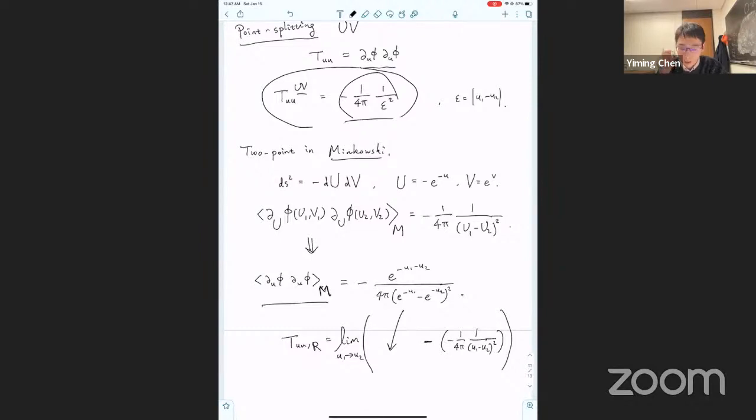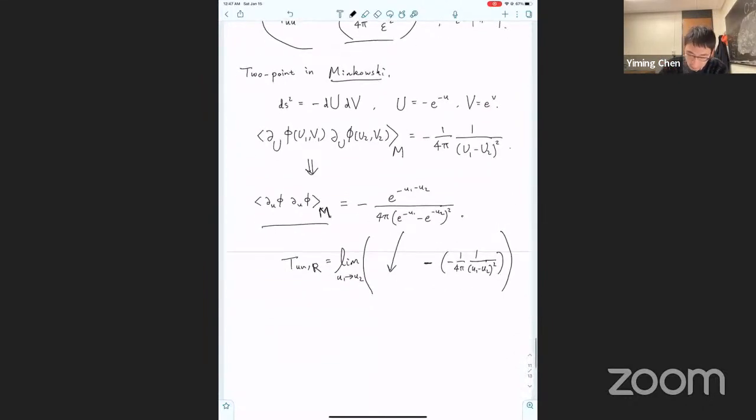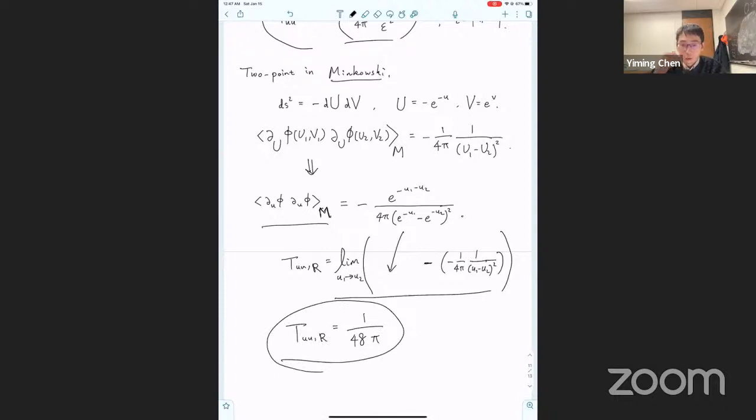Maybe you're asking that here I'm getting a non-zero answer. Let me first write down the answer. After you do this, the divergent parts cancel out, and you get a finite quantity that is 1 over 48 pi. It's kind of an interesting number. Of course, this is not saying that there is really a non-zero stress tensor that will back react on the spacetime.